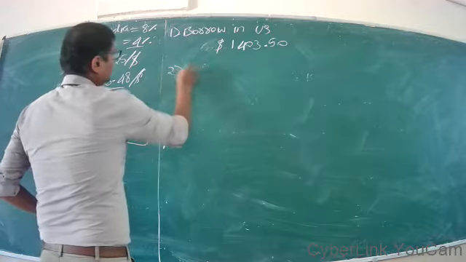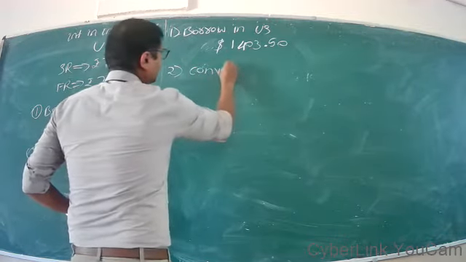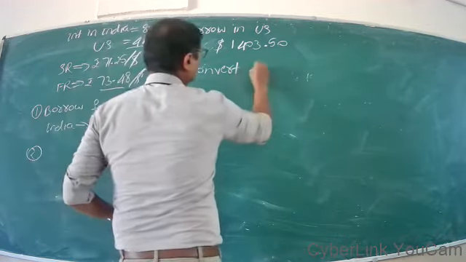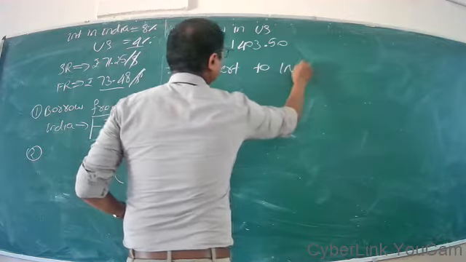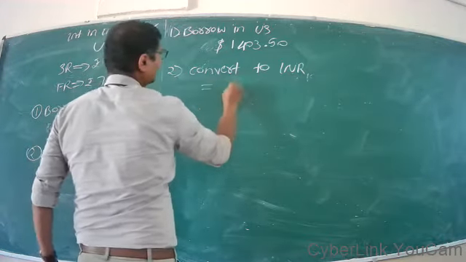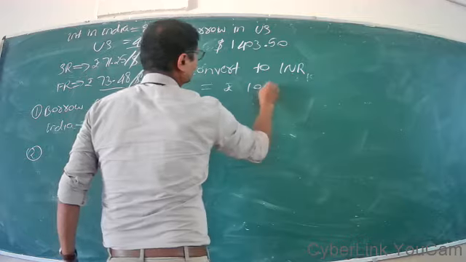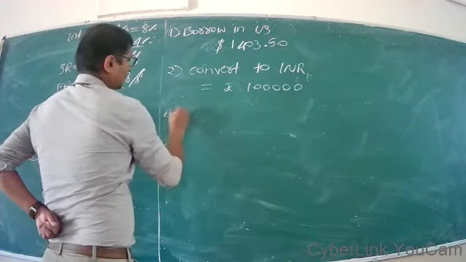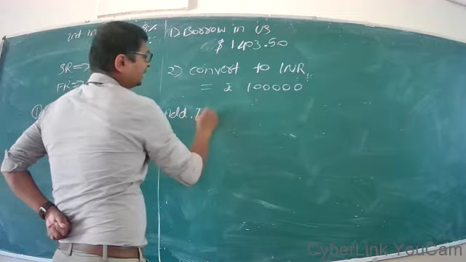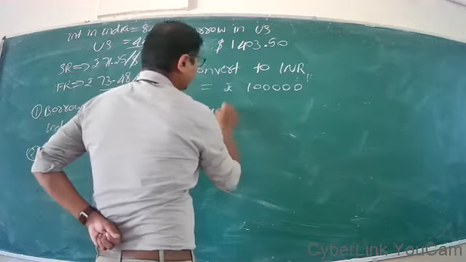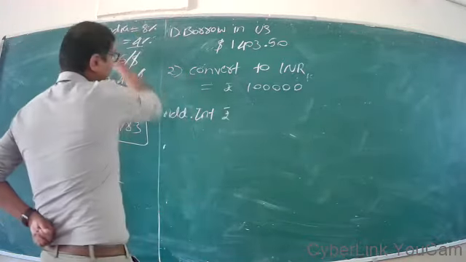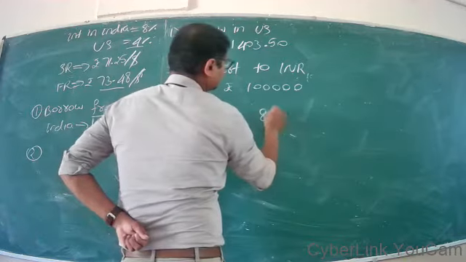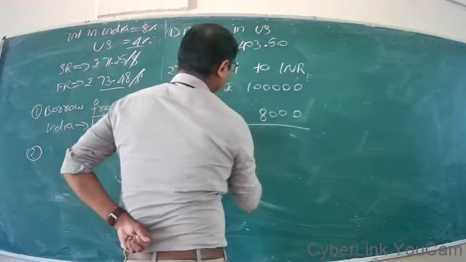So to deposit in India, you have to convert to Indian rupee. That becomes rupees 1 lakh. And if you deposit in India, you get 8% interest in India, that is 8,000.